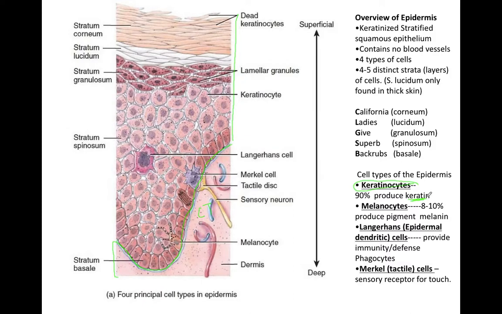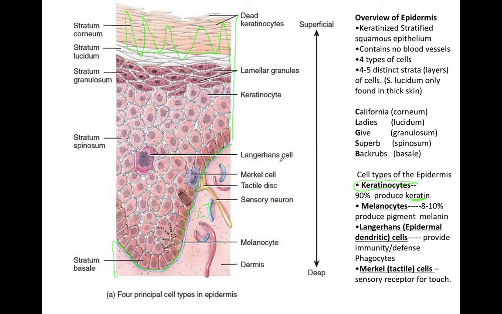Keratin is a tough protein that is made by the keratinocytes, and it's going to give our skin a water-resistant coating, not waterproof, and it's going to give us some protection up here. So this is all cells that have been filled with keratin up here.